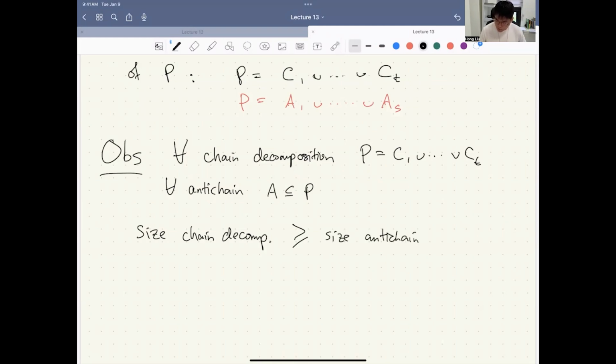In other words, T is at least the size of A. This is a simple observation.